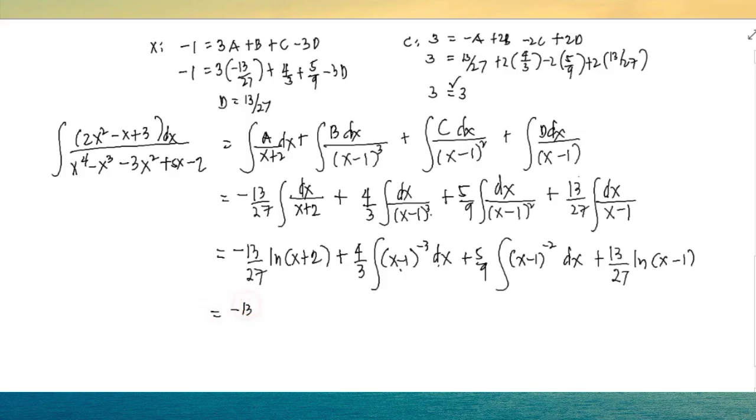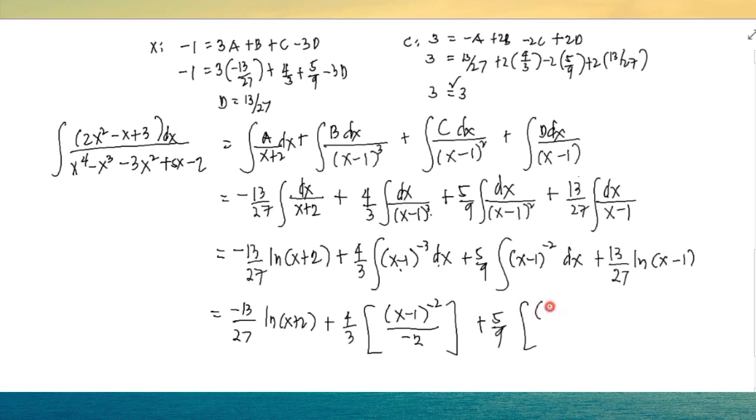So we have negative 13 over 27 ln of x plus 2 plus 4/3 and general power formula, so x minus 1, negative 3 plus 1 is negative 2 over n plus 1, that's negative 2, plus 5 over 9, and we have here general power formula, x minus 1, negative 2 plus 1, that's negative 1 over negative 1, and we have 13 over 27 ln of x minus 1 plus c.